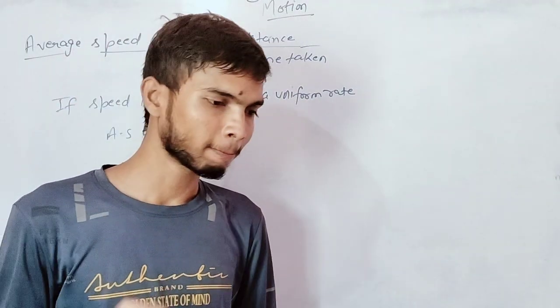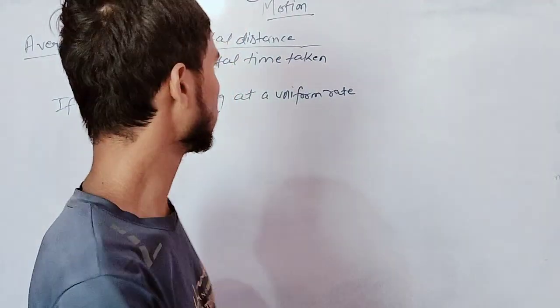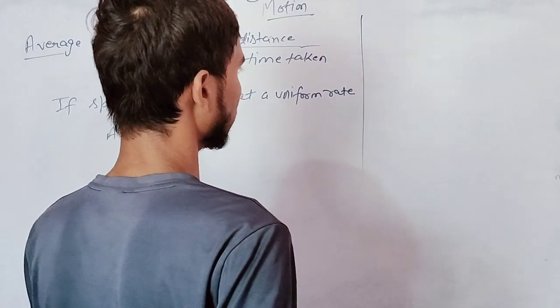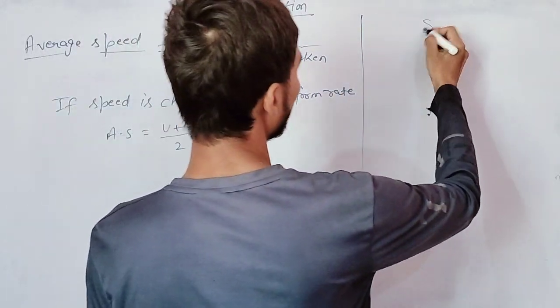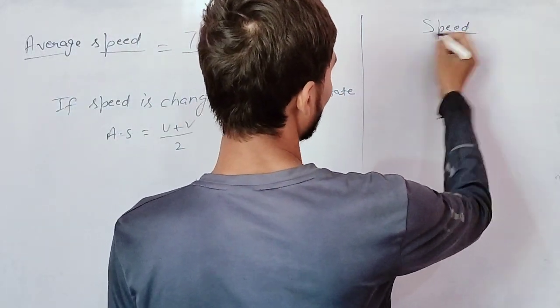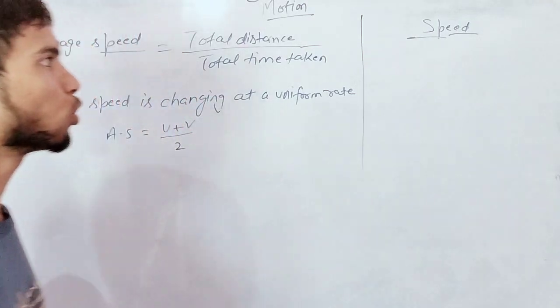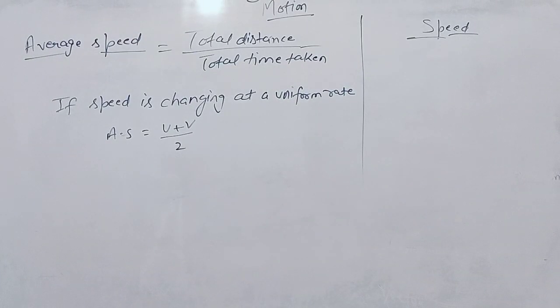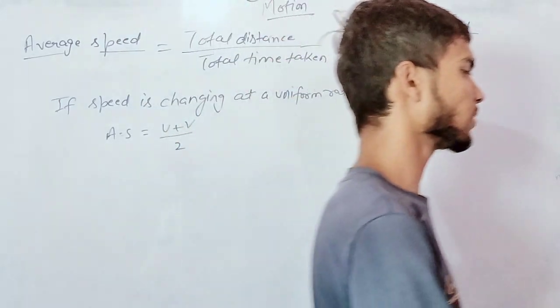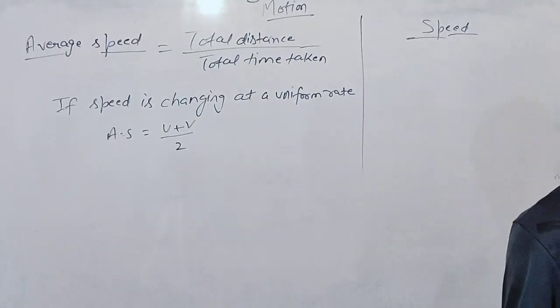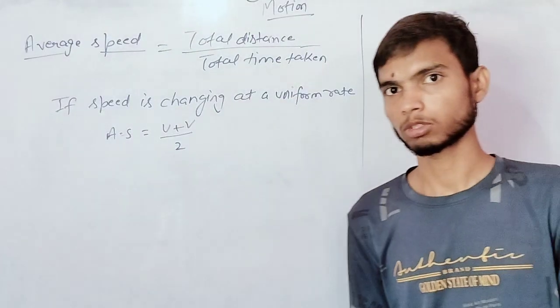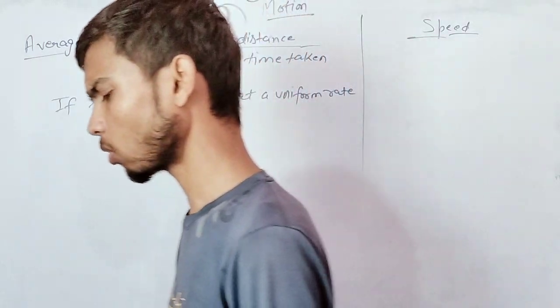But here I would like to take speed, so that we can understand the difference between them. We should not have confusion. That's why I am taking speed with average speed. What's the difference between average speed and speed? Are both the same or not?